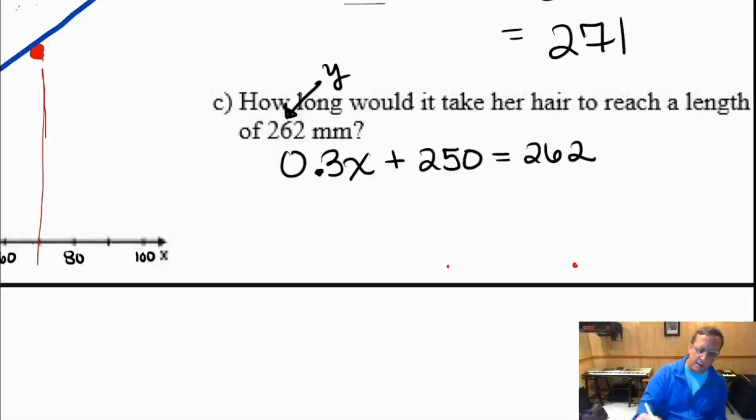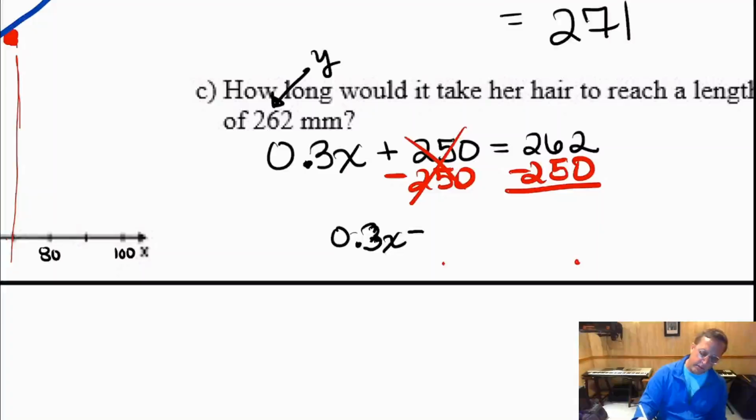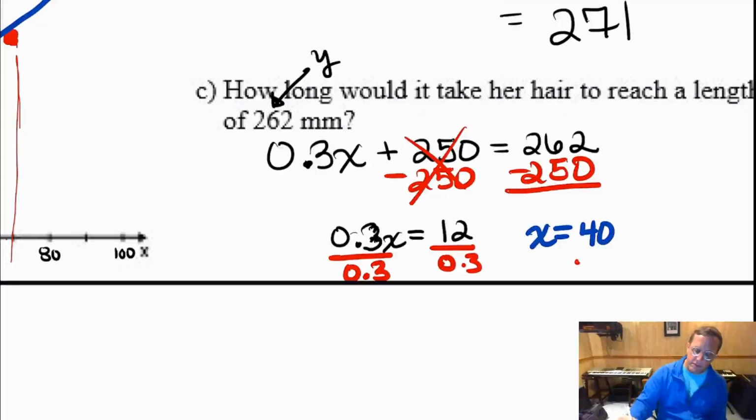We're going to subtract 250 from both sides. Those go away, and now you've got 0.3x equals 12. Then we're going to divide by 0.3. Here's your x. So x equals 40. So it's going to be 40 days.